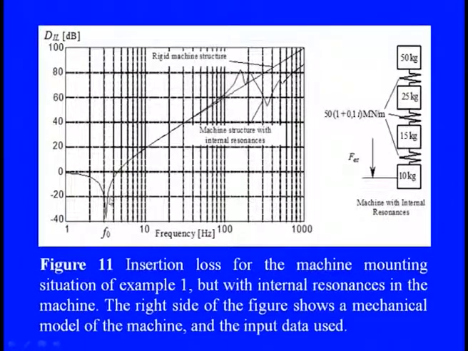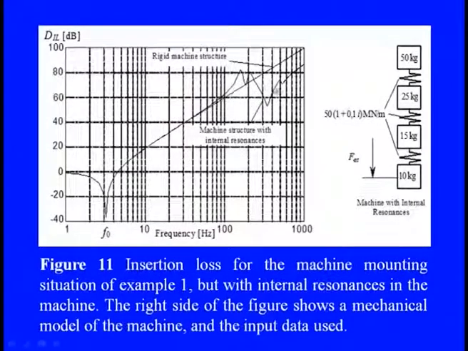And when we are going towards the higher order frequencies, there are two things: the rigid machine structure, which is again showing a similar kind of insertion losses, and it has a linear propagation. But when we have the internal resonances with the machine structure, you can see that after even the 100 hertz or even after the 50 hertz, the nature of the insertion losses is being varied in a drastic way.